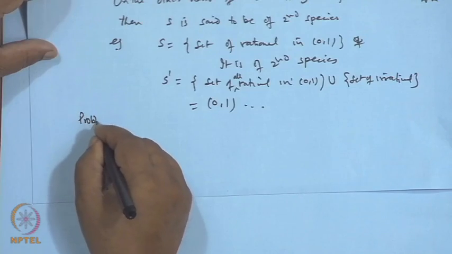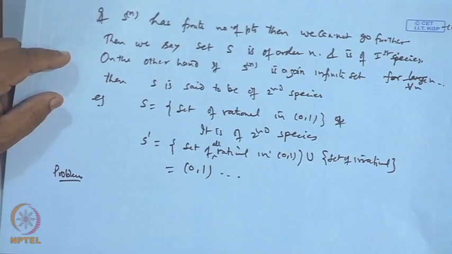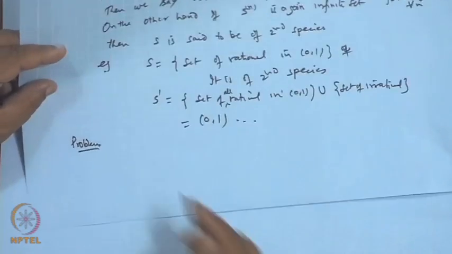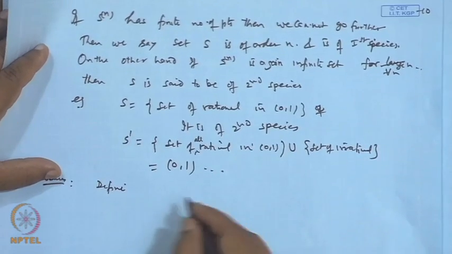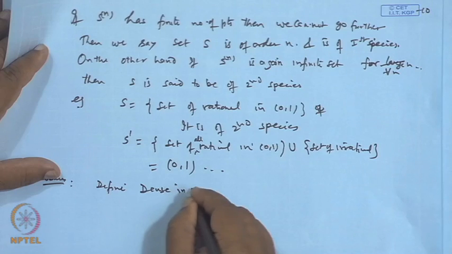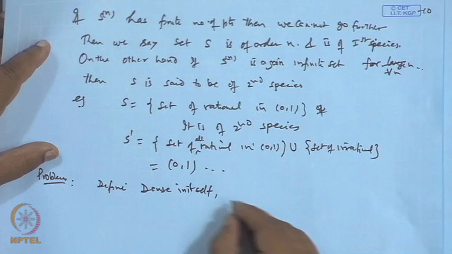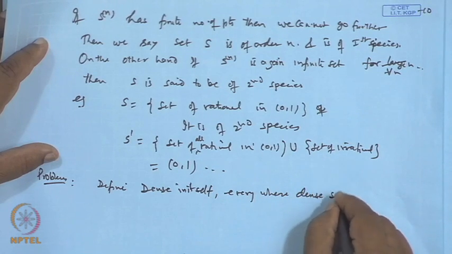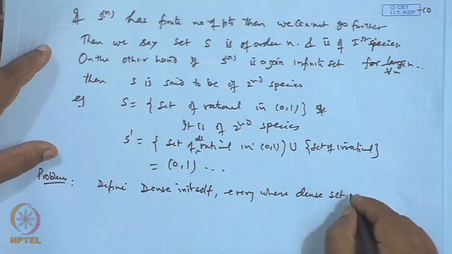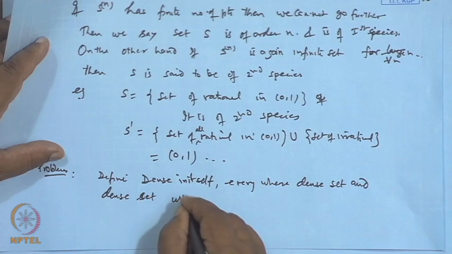Now, the next problem. The rational numbers are of second species. Then define dense in itself, everywhere dense set, and dense set, with examples.